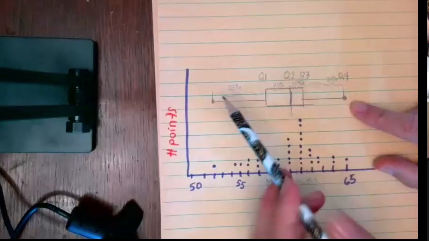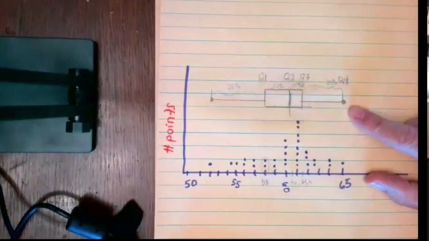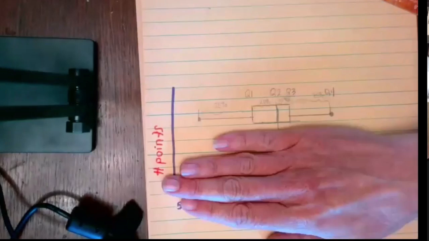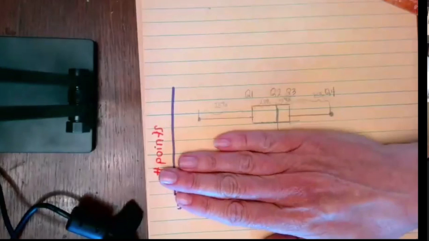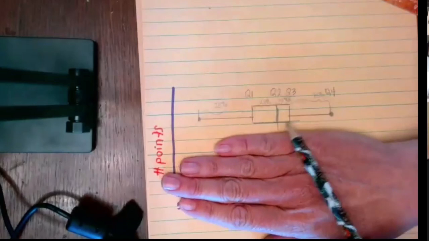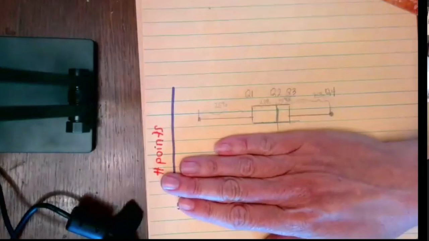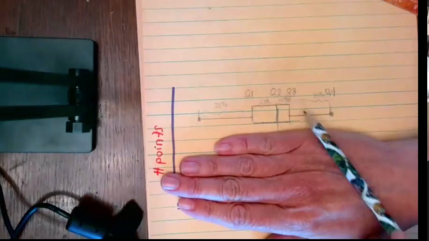And so what this tells me, when I look at it: a box and whisker plot allows me to visualize my data without all this mess down here, right? I don't have to see all these dots. It's telling me the tendencies of my data. The bigger my box is, the wider the range is for the central 50% of the data.